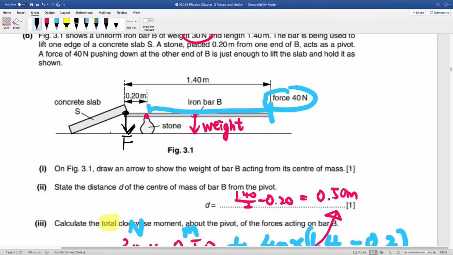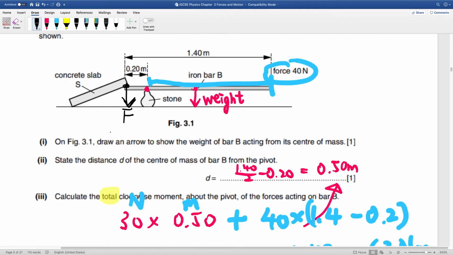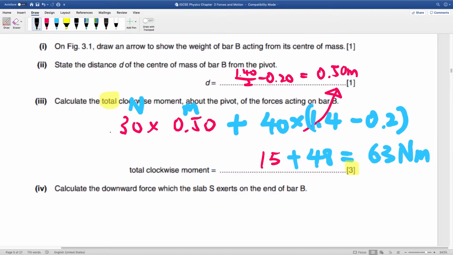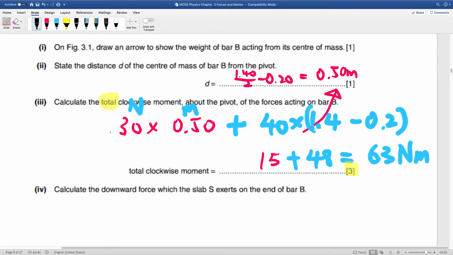The sum of the anticlockwise moments equals the sum of the clockwise moments. So the sum of the clockwise moments is 63 Newton meter. Then the sum of the anticlockwise moments should also be 63. Then 63 is the moment of the force F. So 0.2 times F equals 63, and F gives you 315 Newton.